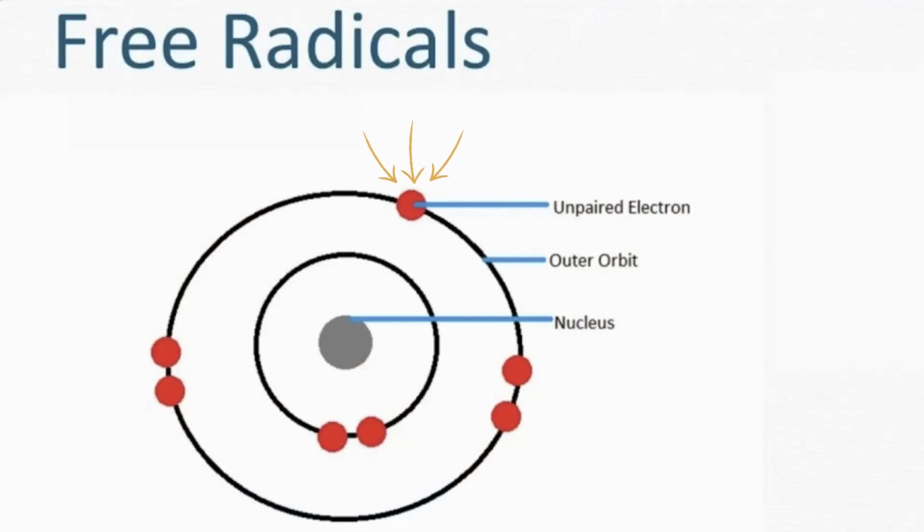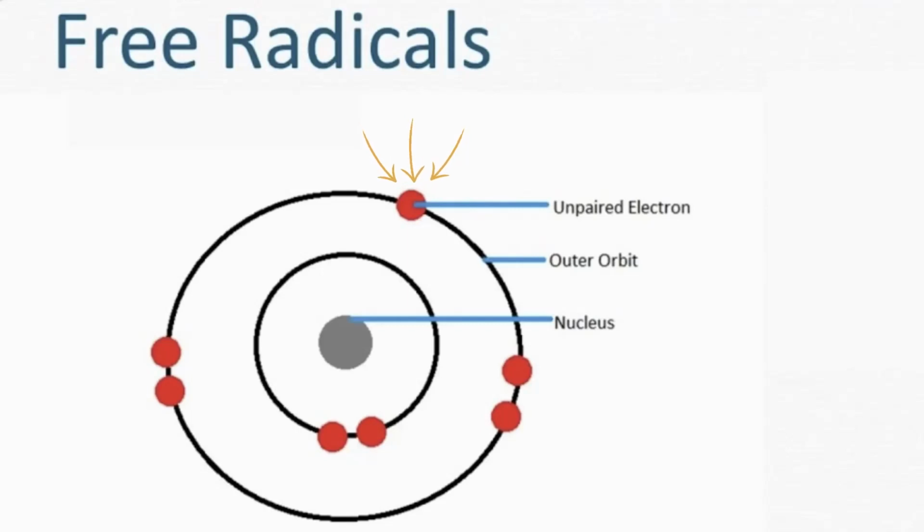And free radicals try to stabilize themselves by stealing electrons from other atoms. Taking electrons away from those atoms actually creates more free radicals, which can cause widespread instability in your cells, organs, and your tissues.